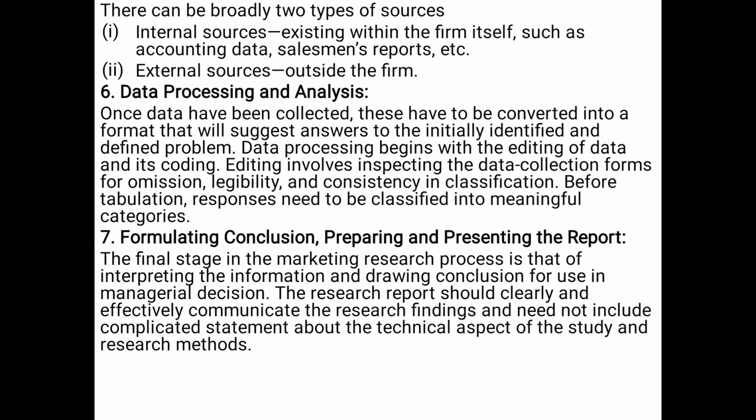After data processing and analyzing, once data have been collected, it will be bifurcated. The data will be bifurcated in the requisition form. Data processing begins with the editing of data and its coding.